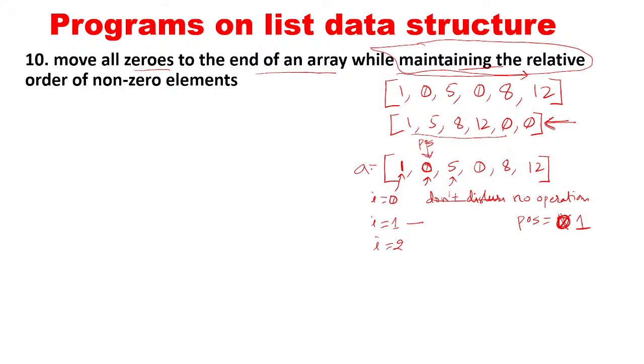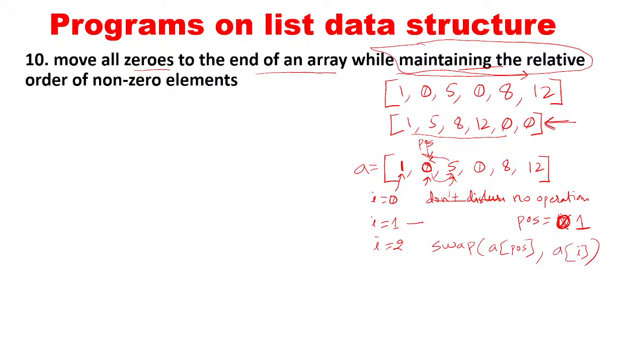For example, if this is your array, then you interchange this with the position value. That means move this non-zero number to the position where POS is present. So I move this 5 to this position. 5 should come here and 0 should go here, so that I am moving zeros towards the right. So swap a of position and a of I. These two values are swapped.